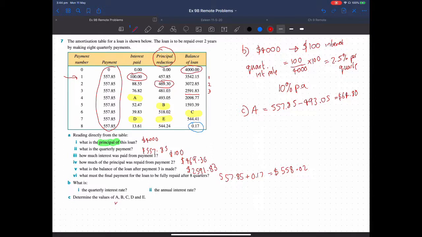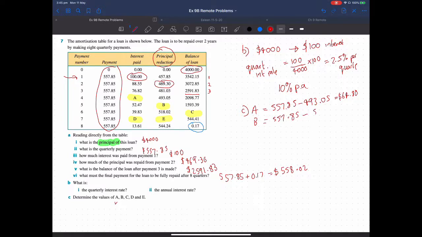B. B is a similar thing. We know that if we take the payment and we subtract the interest, we get the principal reduction. So for B, all I have to do is go $557.85 and I subtract the interest.